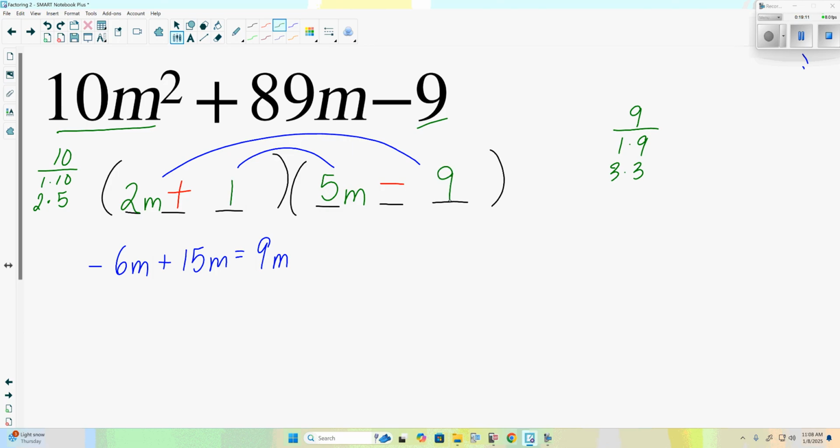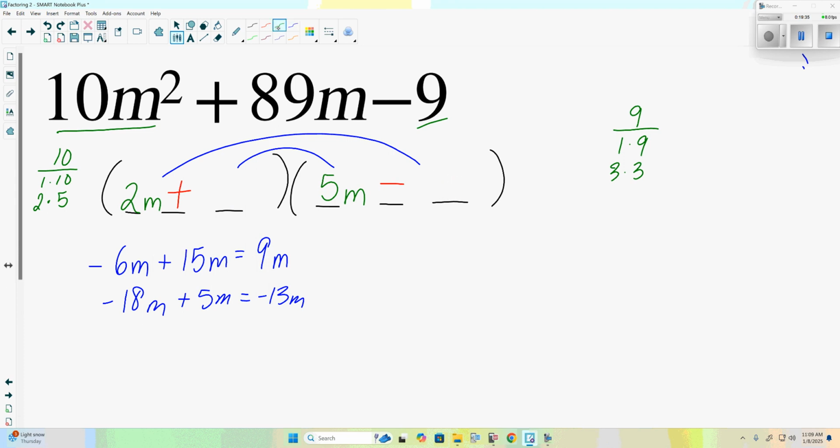And we can try this here. 2m times negative 9 is negative 18m. 1 times 5m is going to be plus 5m. And negative 18m plus 5m is going to be negative 13m. We might need the 10, because we could switch the 1 and 9 here.